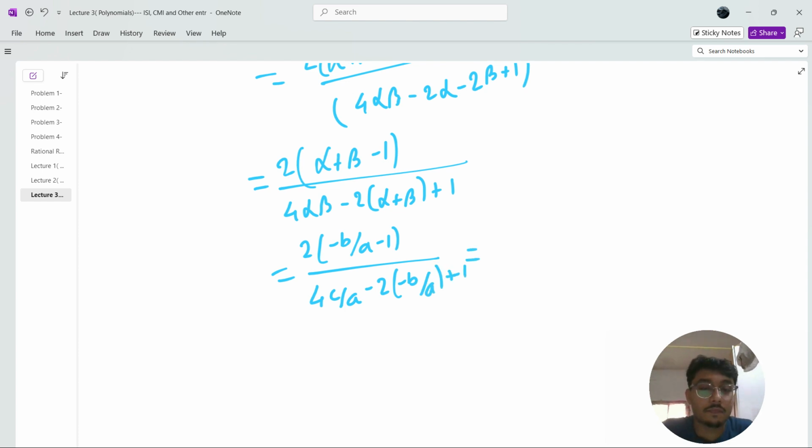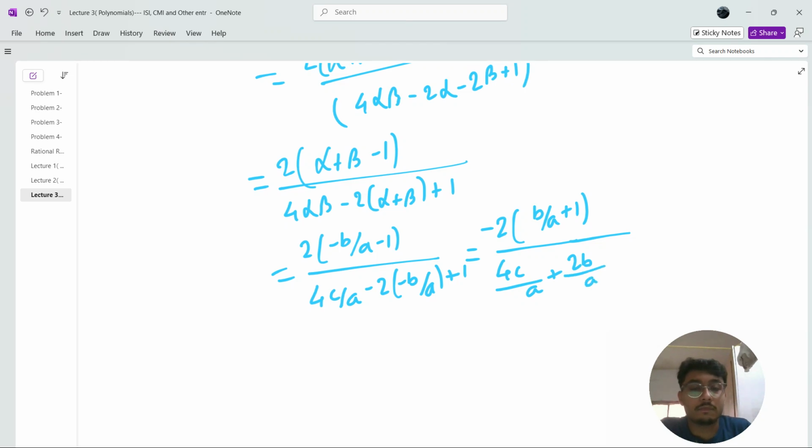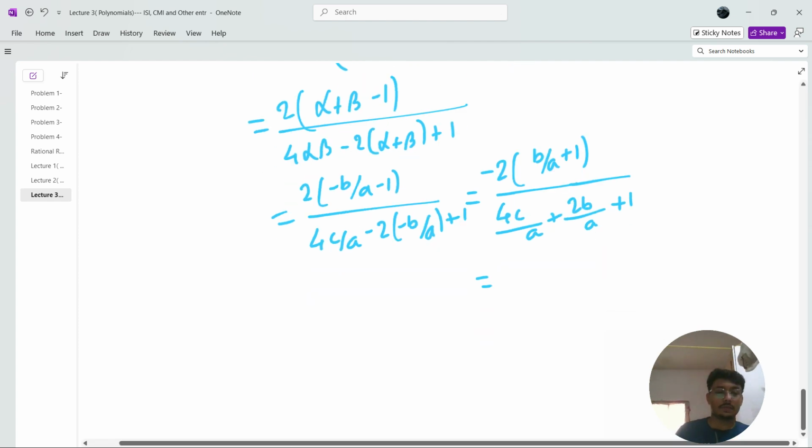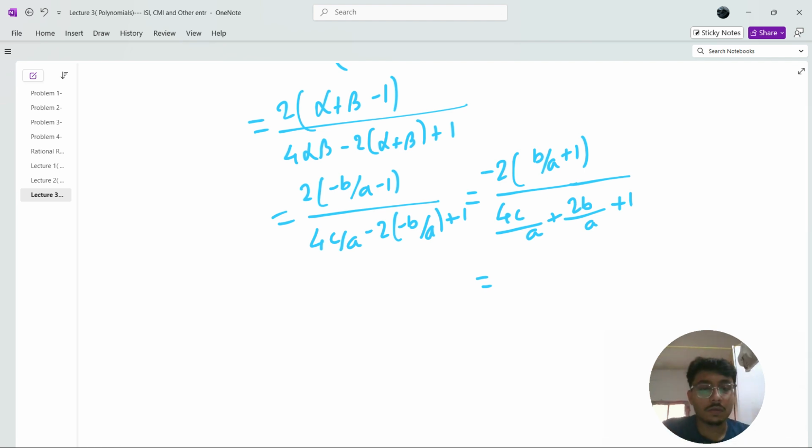So that is minus 2 into b by a plus 1 by 4c by a plus 2b by a plus 1 equals. I'll keep manipulating this.